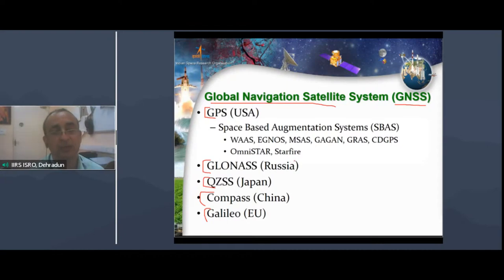If you see GPS based, it has a dedicated augmentation system which is working worldwide, and it is called space based augmentation system. But initially, in short, this is called SBAS, but initially this was called GBAS.